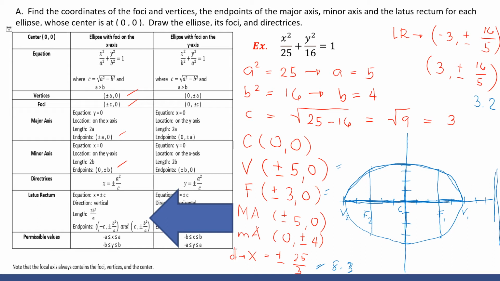Draw a line or a segment. Okay? Pwedeng gawing broken line. Yung iba ginagawang broken line ang directrix. And from the origin, mag-move ka ng 8.3 units to the left. So 5, we have your 6, 7, and then 8, approximately another directrix. Etong portion na ito. Okay? At syempre pa, kompleto na ang ating ellipse.